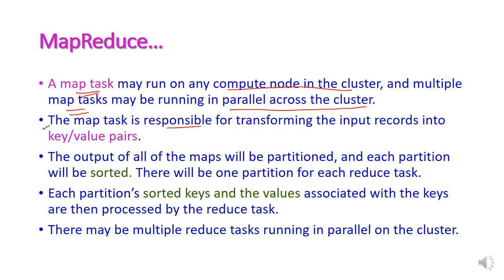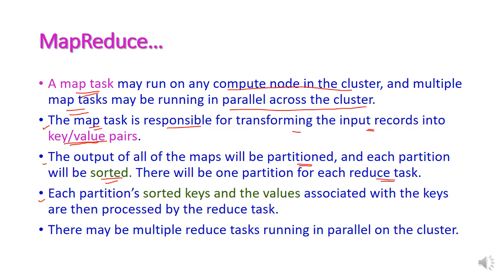And next, the map task is responsible for converting input records into key value pairs. That is, the input will be converted into key value pairs by using the map task, and the output of all maps will be partitioned, and each partition will be sorted.